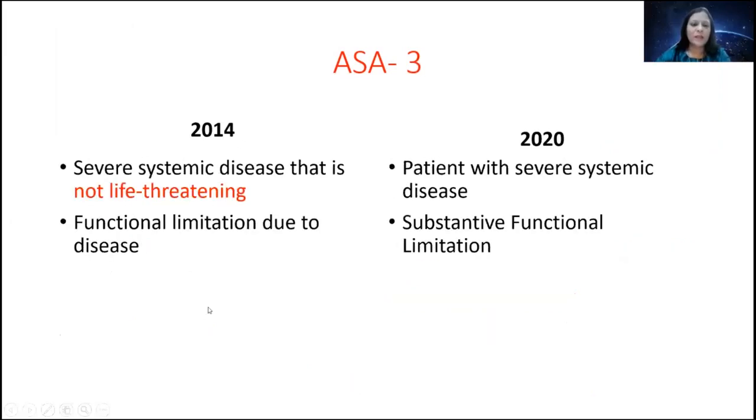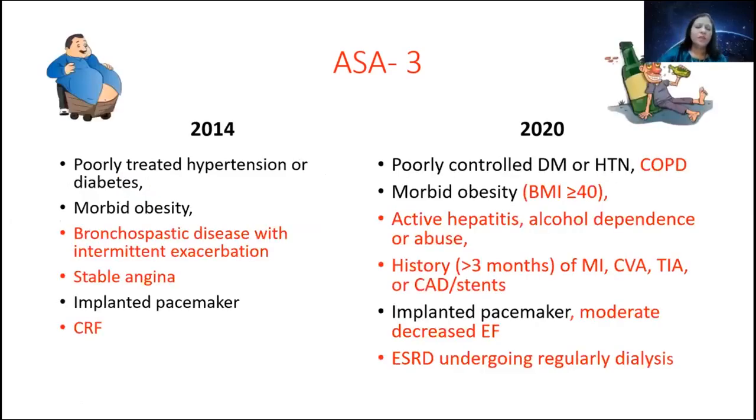Now, in the ASA grade 3 category, in 2020 they have included severe systemic disease with functional limitations, but in 2014, it says severe systemic disease that is non-life-threatening is ASA grade 3. And both say that functional limitation due to disease is ASA 3. Now, there are certain examples which have been included.